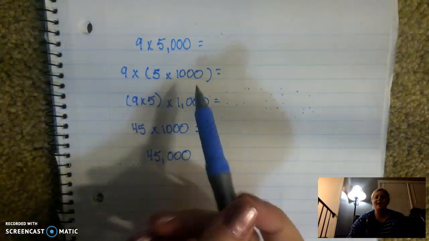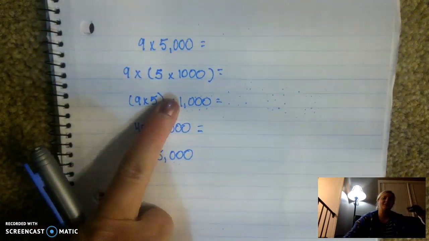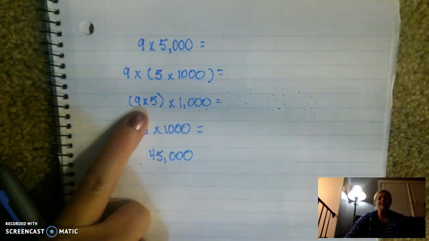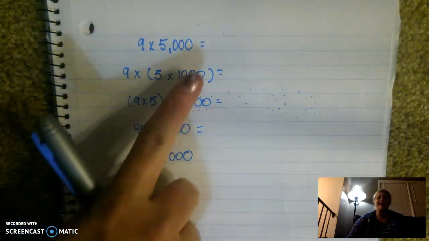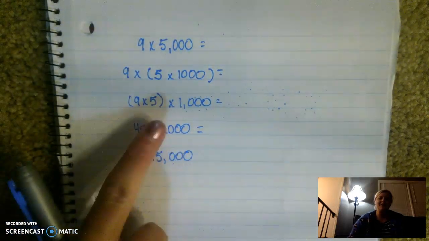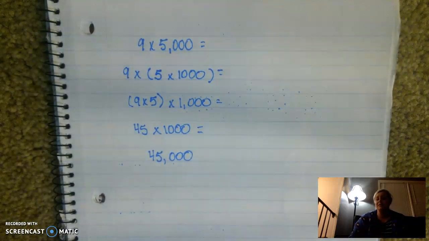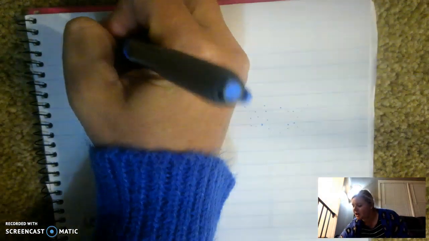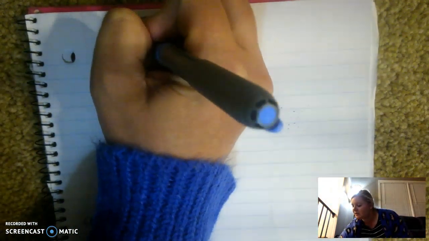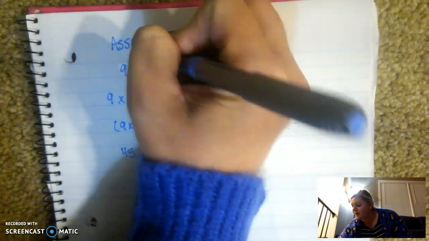Now, this way is important for me to understand because I'm seeing how the numbers break apart. And because of the associative property of multiplication, I know that I can break apart these numbers into something that I know in order to be able to figure out the solution. So this allows us to use our associative property of multiplication.